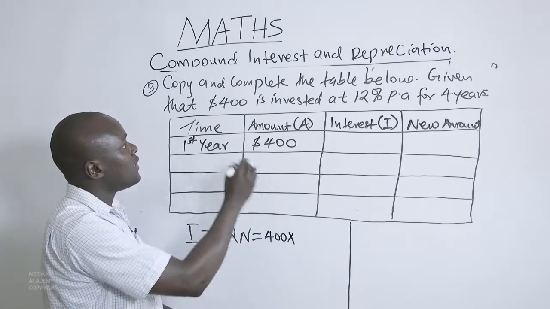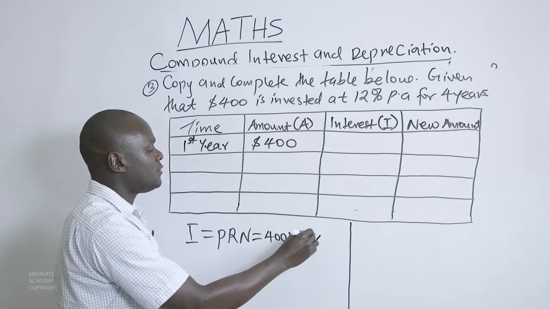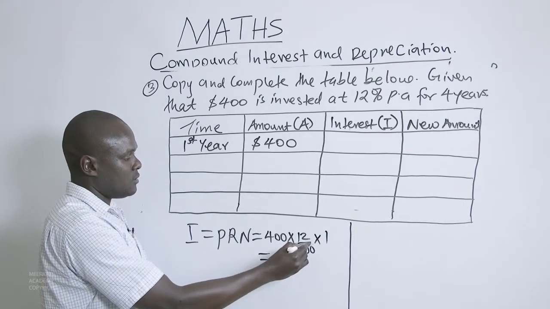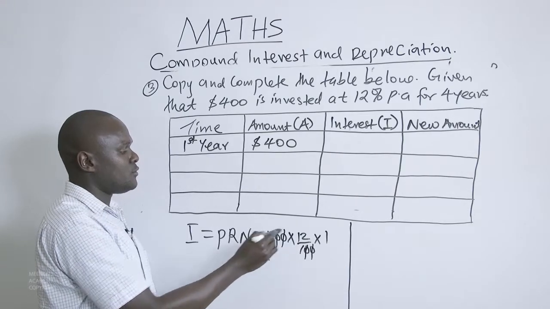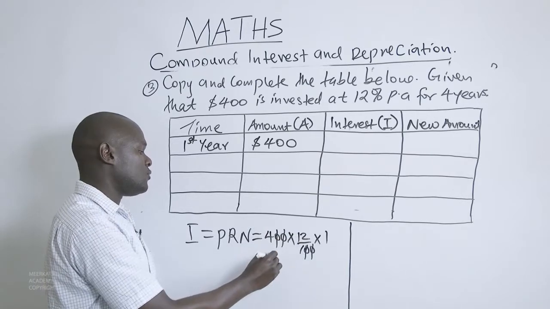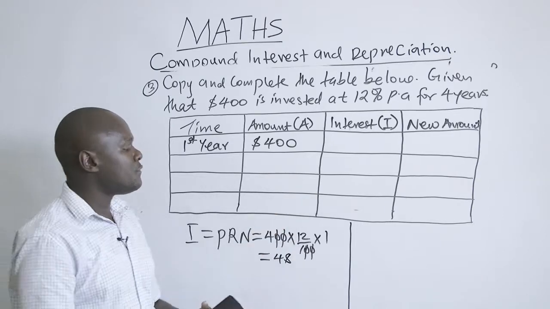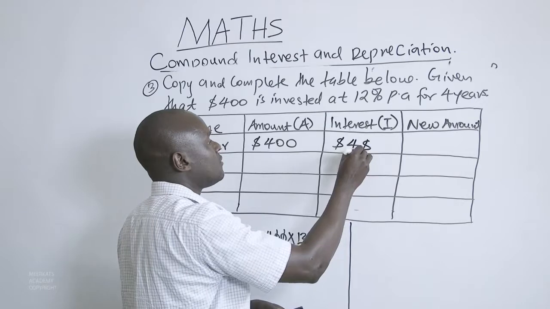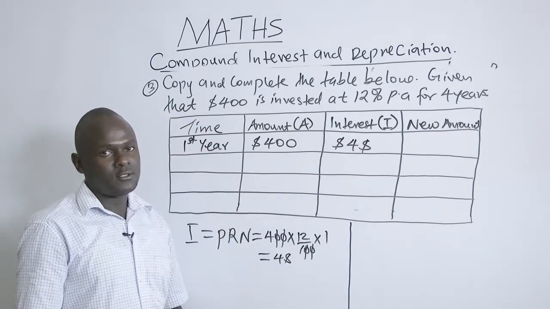The rate we are given is 12%, which is 12 out of 100, multiplied by 1. How much does it give us? Let us try to cancel it. So 4 times 12 times 1 will give us the interest, which will be 48. So the interest that will be accrued in the first year will be $48.